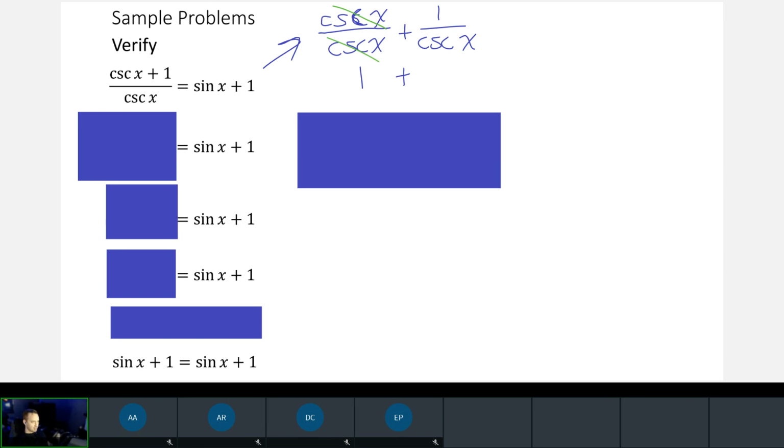Looking at your identities, what does that become? Sine of x, yeah. Sine of x. All right. So does this equal what we were trying to get to?